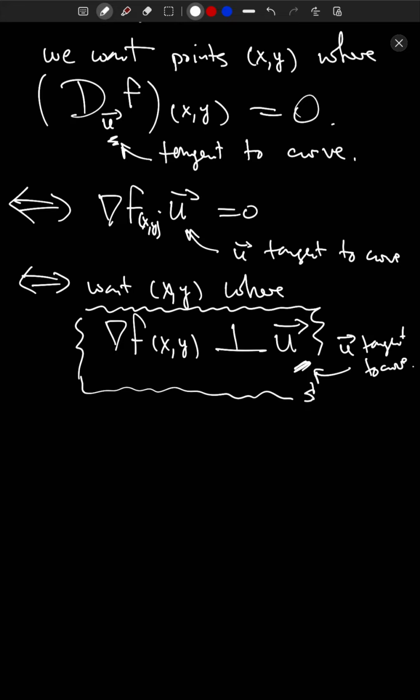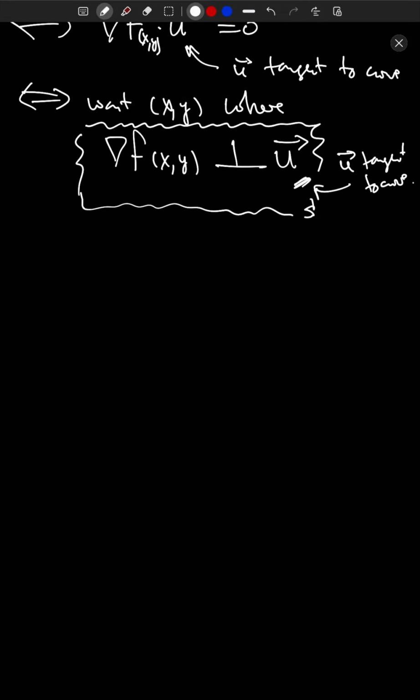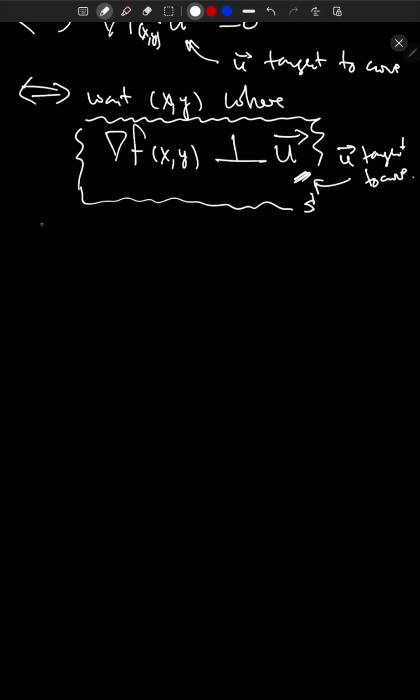But the question is, how do we do this? Luckily for us, there's a trick here, and that's to represent the curve as a level curve. The alternative we talked about last time was just to parameterize, and we effectively are doing exactly this when we parameterize and then solve the one variable calculus problem.